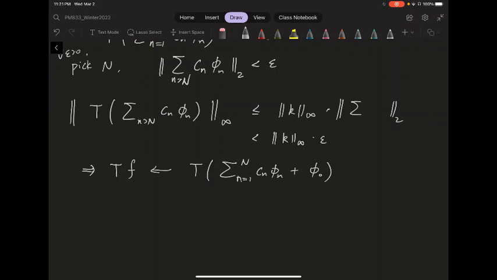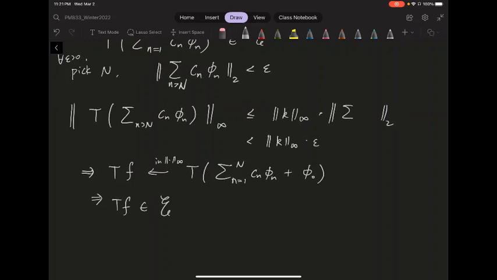So I take the finite sum, and the tail is going to be small, so that's going to converge to Tf in the infinity norm. So that implies that this Tf is also inside the closure of E. Each of these we proved last time is inside E, so now we have a sequence converging to it, so Tf is in the E closure.